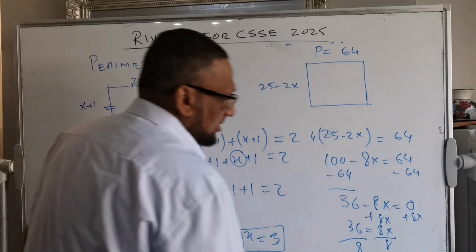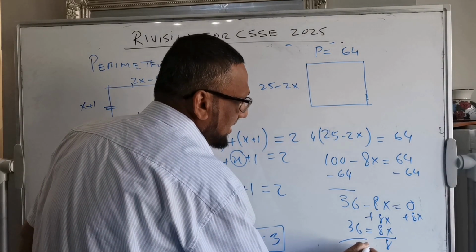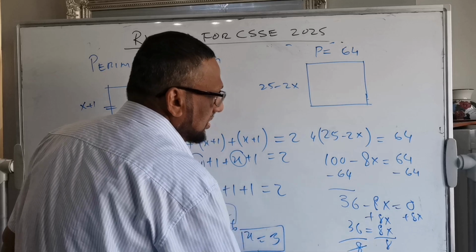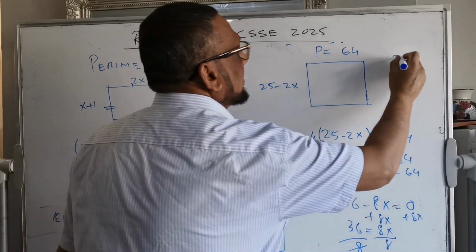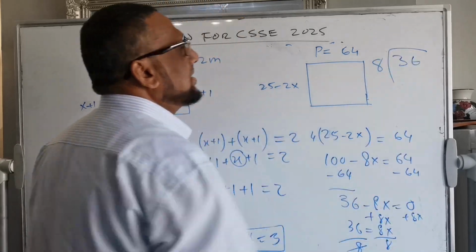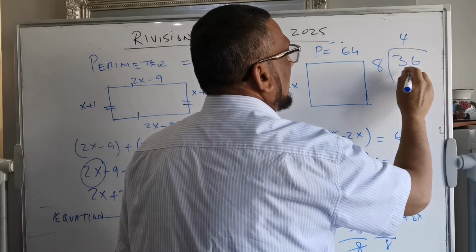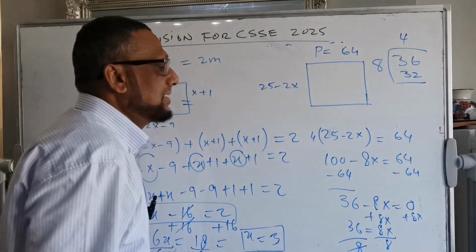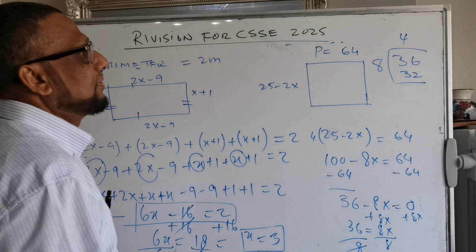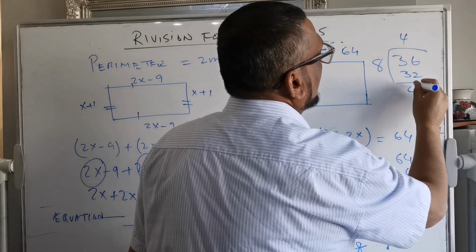36 divided by 8: 4 times 8 is 32, and the remainder is 4.